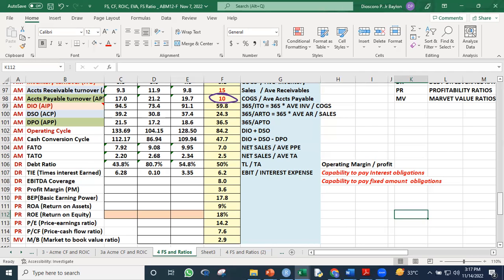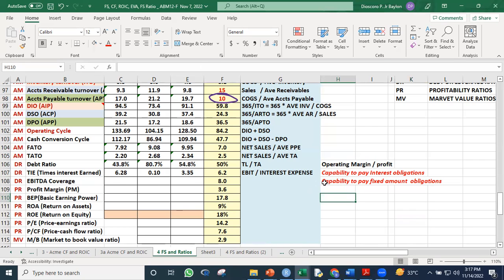Bibili ka ng kotse, bibili ka ng bahay, bibili ka ng lote, bibili ka ng building, and then usually you loan that, and then nababawasan yung principal. Ito hindi, no? Yung principal pareho hanggang sa dulo. Therefore, the interest payment is fixed.